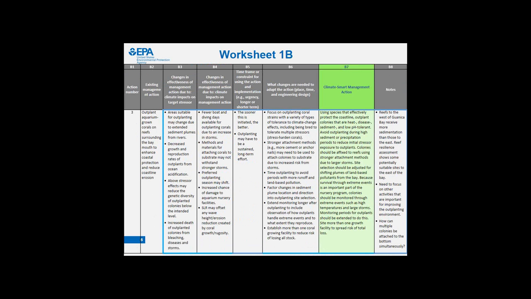The next one, decreased growth and reproduction rates of the outplanted corals due to ocean acidification. So what we plant out there may not perform as we would have expected 5, 10 or 20 years ago, as a result of more acidic water conditions. These stressor effects listed above may reduce the genetic diversity of outplanted colonies below the intended level.